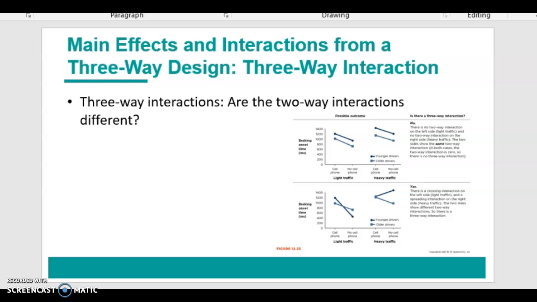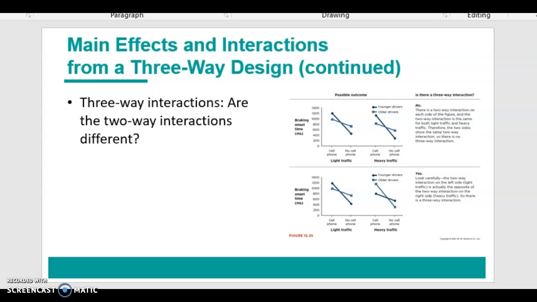That's what we call it when they kind of meet at a point and go in two different directions. The two sides show different two-way interactions, so there is a three-way interaction. If our two two-way interactions are the same, we do not have a three-way interaction.